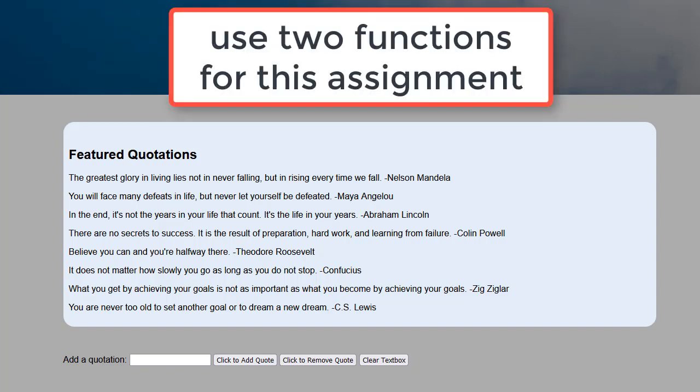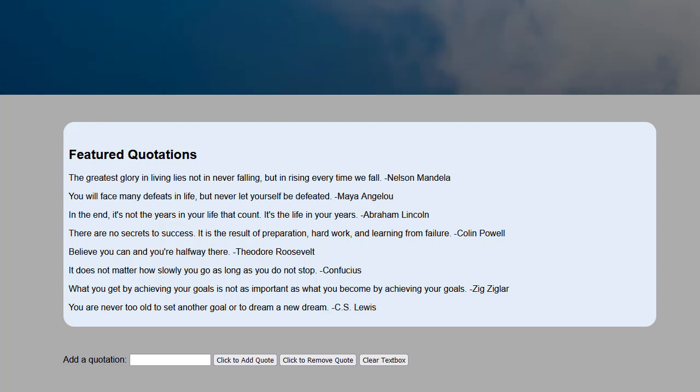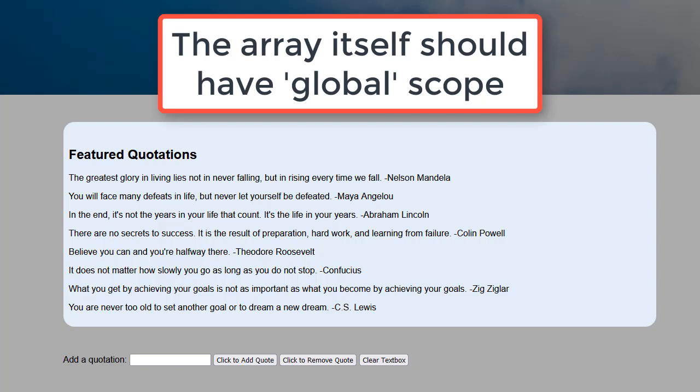The random quotation and all of the quotations will be displayed on the web page by using 2 separate functions. The array itself does not need to be inside a function.